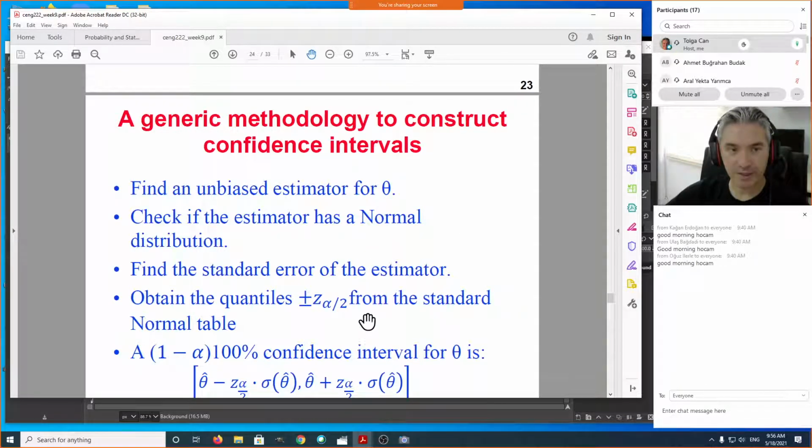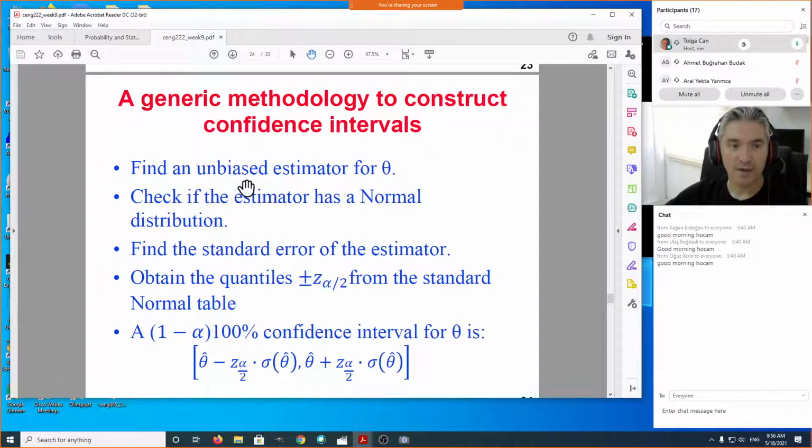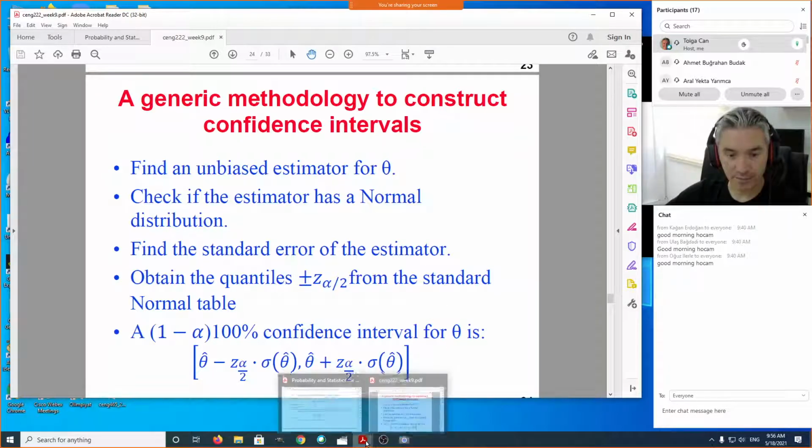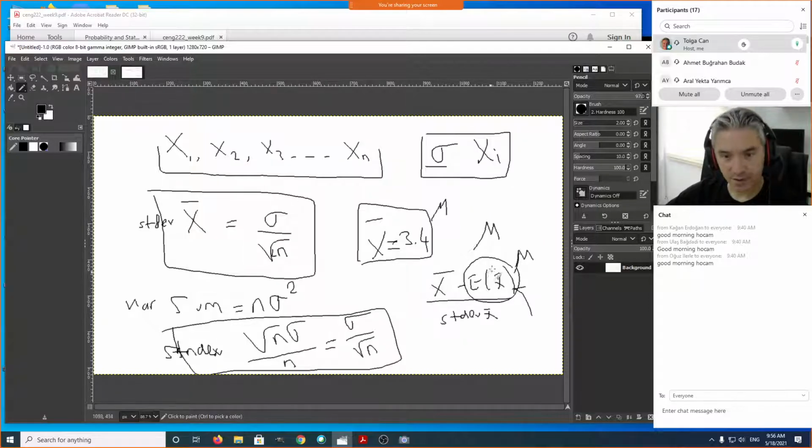Now, we also saw a generic methodology to construct confidence intervals. First, our estimator has to be unbiased. Otherwise, we won't be able to put the actual population parameter in the equation. You see in this equation, this is the critical part: I replace the expected value of x bar with mu.